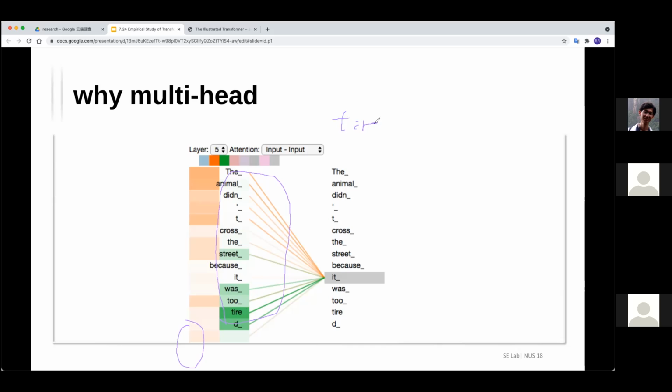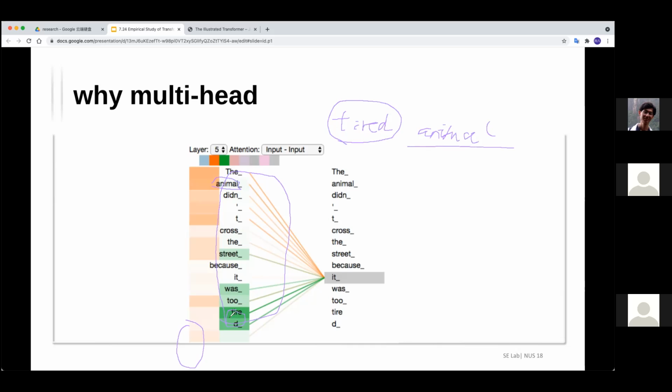Could you understand? This is a tired animal, so it's not a typical animal. It actually has some conjunctions to describe this animal. So in some attention, different from the animal attention we just talked about, this is a tired attention.